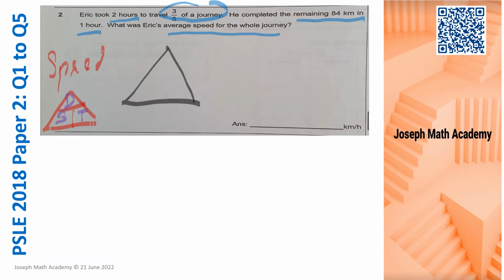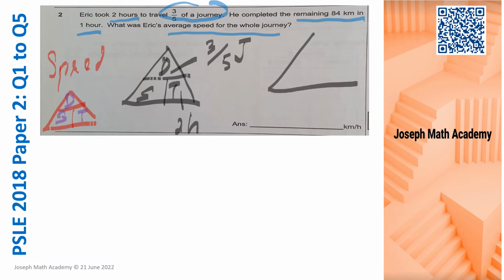So this is Eric's first 3/5 of the journey, and he used 2 hours. Okay, all right, then we also need another triangle for the remaining journey, remaining 2/5.